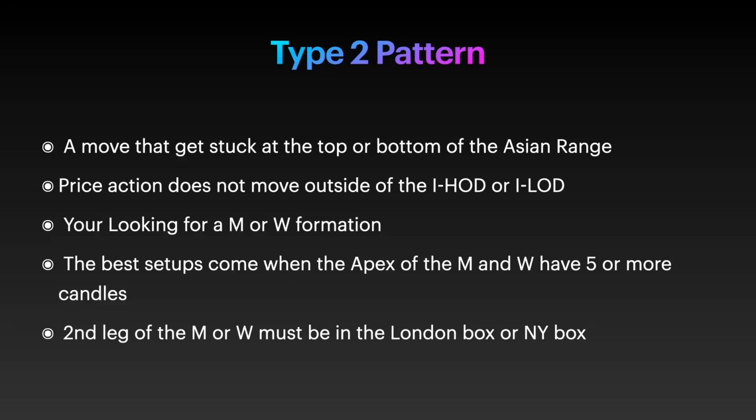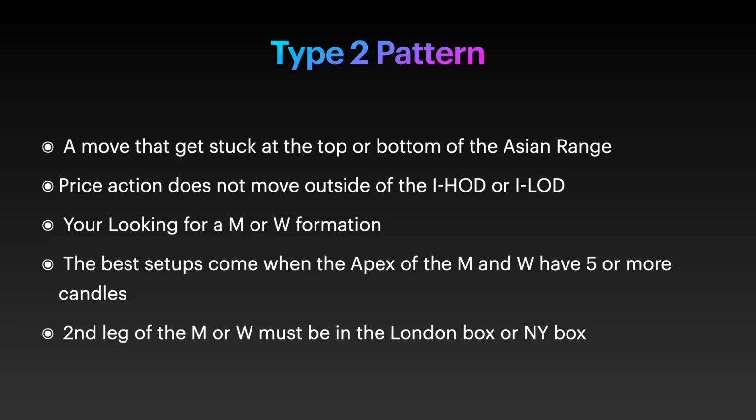Price action doesn't move outside of the initial high or the initial low of the day that's set throughout the Asian range. Same thing, you're looking for an M or W formation. The best setups happen when you get an apex of 5 or more candles. Same thing, the second leg must be in the London box or the New York box.